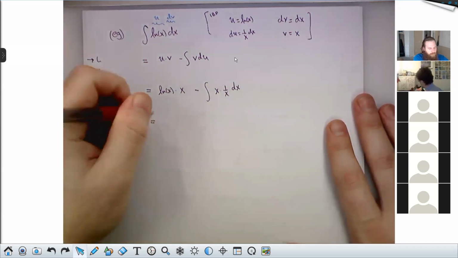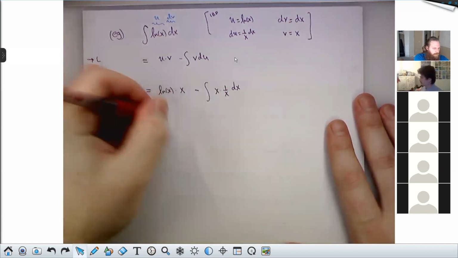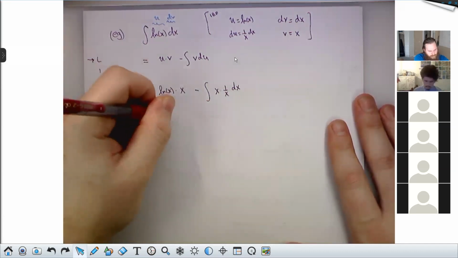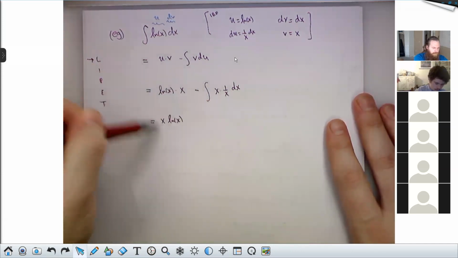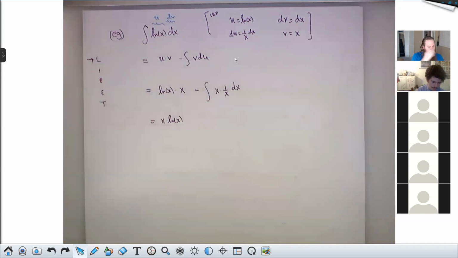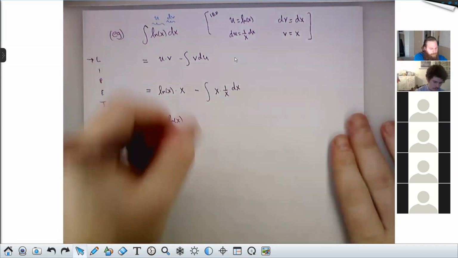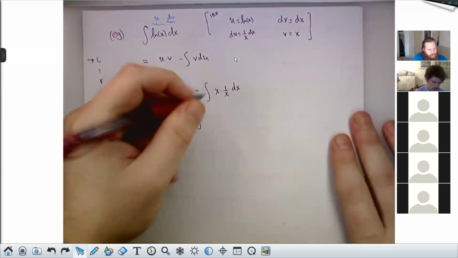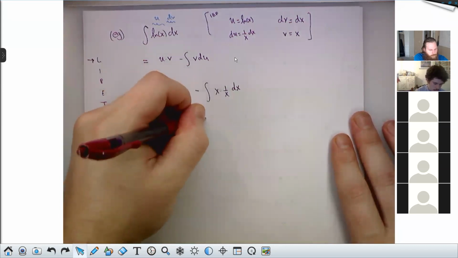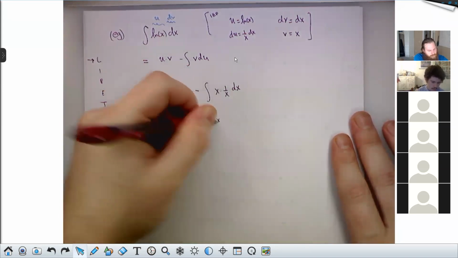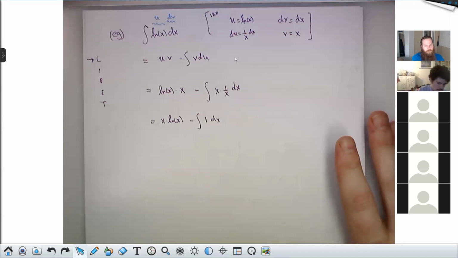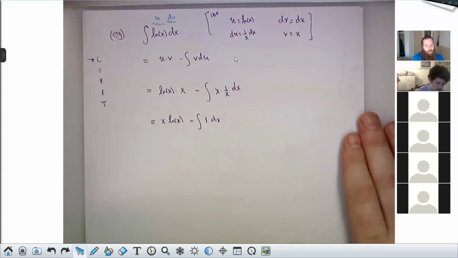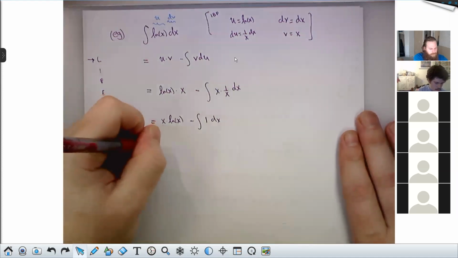And now we can simplify the integral on the right. I'll also rewrite this as x times ln x, just putting the power function out front. It's the standard notation. Within my integral, x times 1 over x is just 1. The x's cancel. And the integral of 1 dx is x.